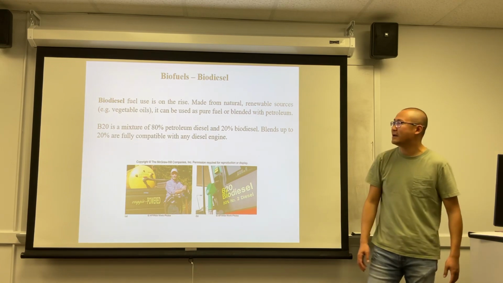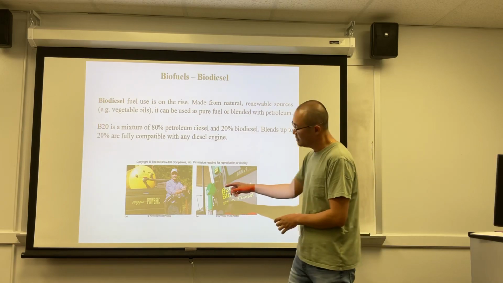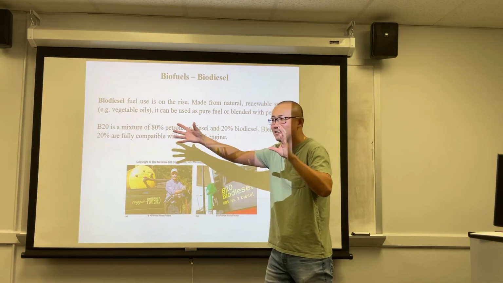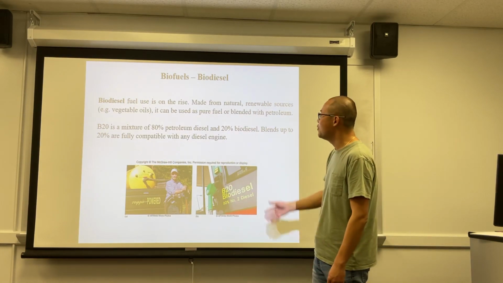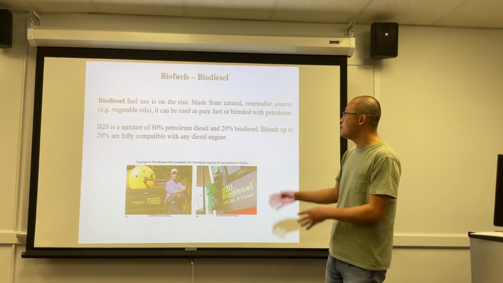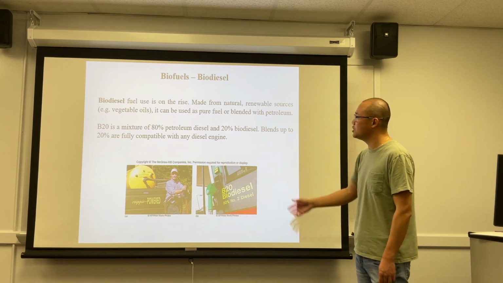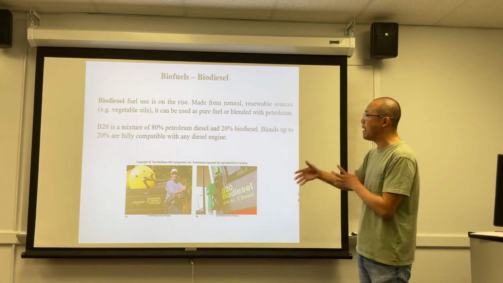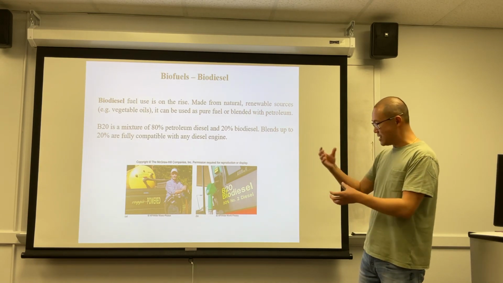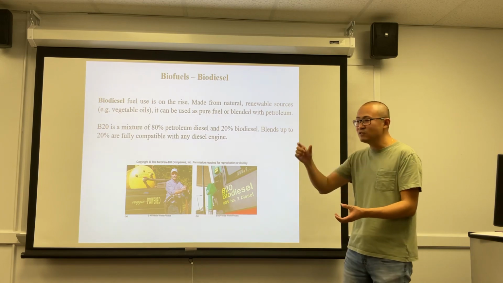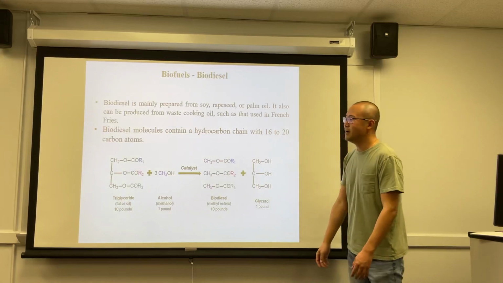Another biofuel which we're actually using nowadays: if you see a big truck, behind the truck there's a big tank, and most likely they're burning biodiesel. What is biodiesel? Biodiesel is a type of fuel made from fats and oils, mostly from vegetable oil. By breaking vegetable oil down into a mixture of fatty acids, those fatty acids can be burned similarly to gasoline.